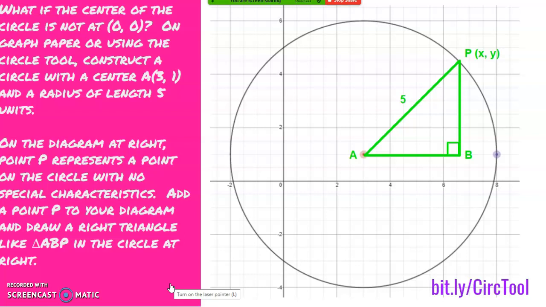So you can draw a right triangle just like we were doing before. Point P represents a point on the circle with no special characteristics. We don't know the x value of point P or the y value of point P. We've drawn our right triangle.